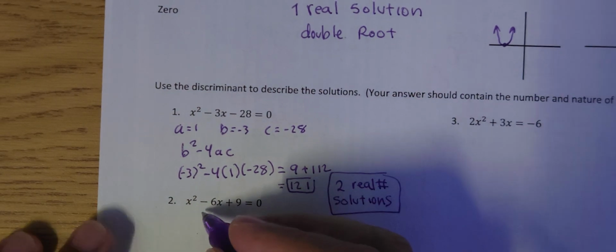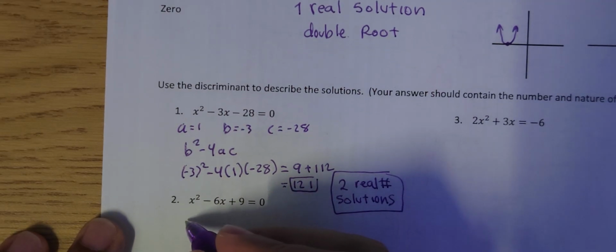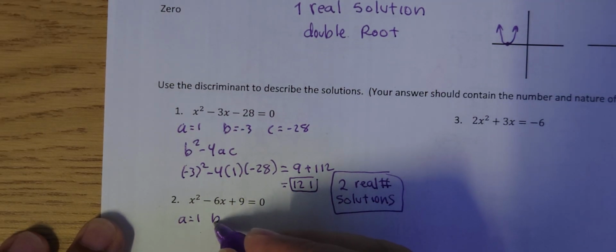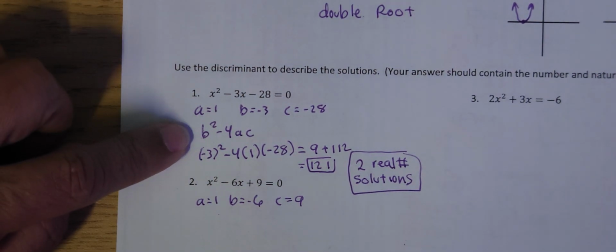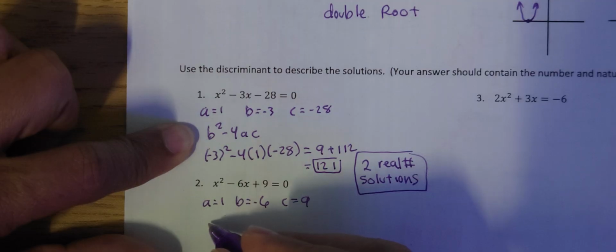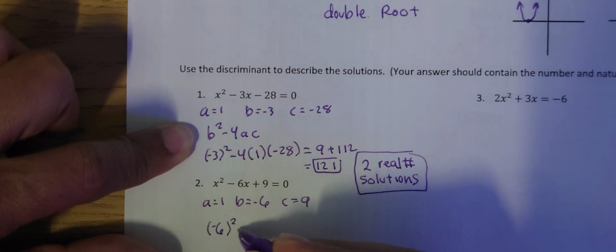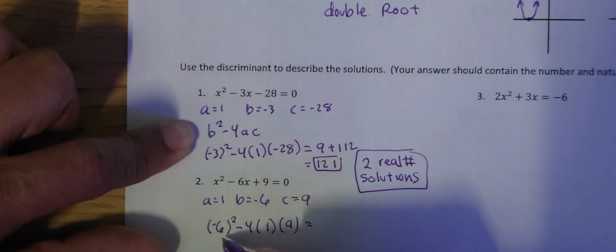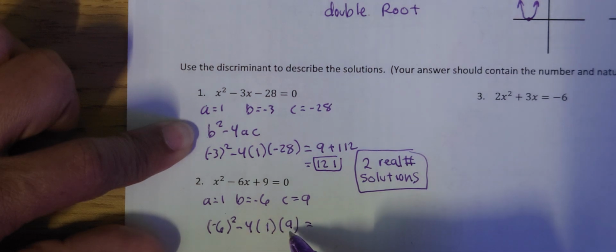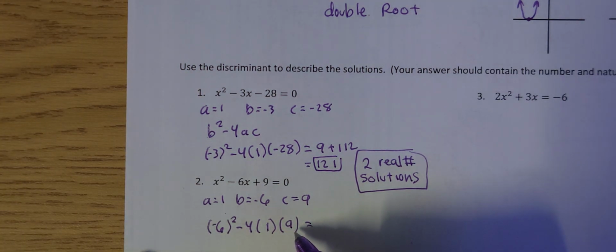The next one. So this is a equals 1, b equals -6, and c equals 9. Following the discriminant formula, we have -6 squared minus 4 times a is 1, and c is 9. So then -6 squared is positive 36. -4 times 9 is -36.